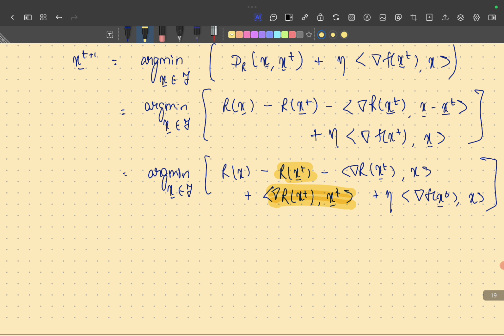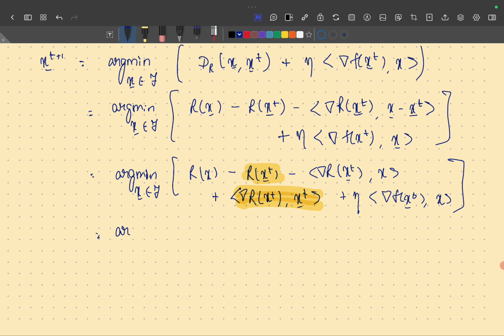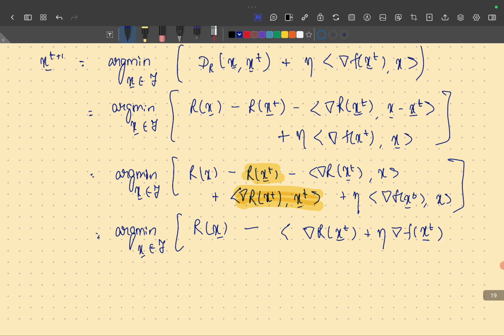So this is equal to the argmin of r of x minus the gradient of r of xt comma x plus eta times the gradient of f of xt comma x, which is the same as r of x minus the dot product of gradient r of xt minus eta times gradient f of xt, comma x. There should be a minus.